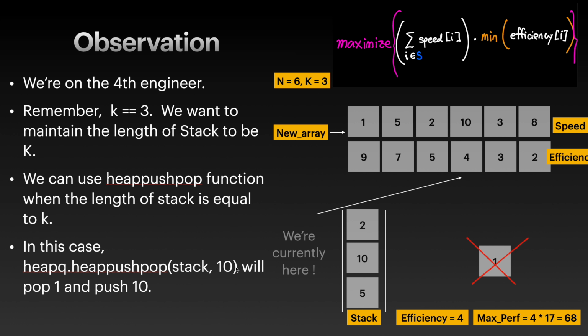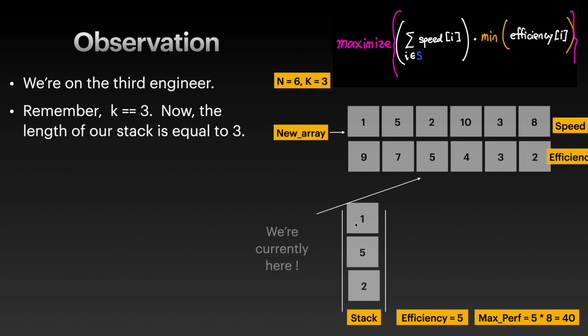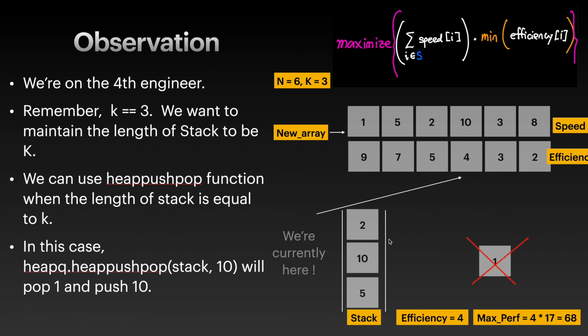When you use this function, remember we had 1, 5, 2, and then 10 will go inside because 10 is bigger than the 1. So 1 will be popped, and then 10 will go in. So this is our new stack, and then we can calculate the max performance of this stack. We know that the efficiency is 4, and the sum of the speeds is 17, so we get 68. So that's something that we can do.